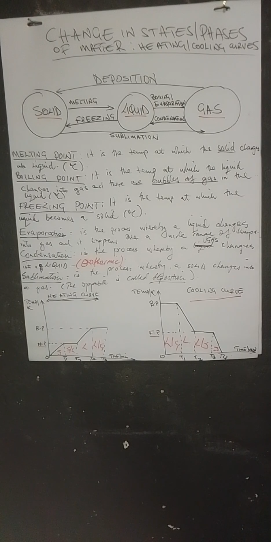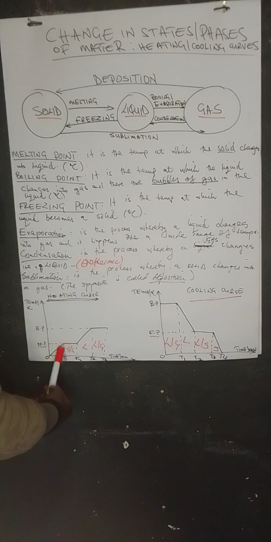Now let's quickly look at the heating curve. When you heat a solid at time 0 here, the temperature increases as time increases until it reaches a certain temperature, the melting point, where the solid will start to change into a liquid. At that point, the temperature remains constant even though you continue to supply heat. Why?